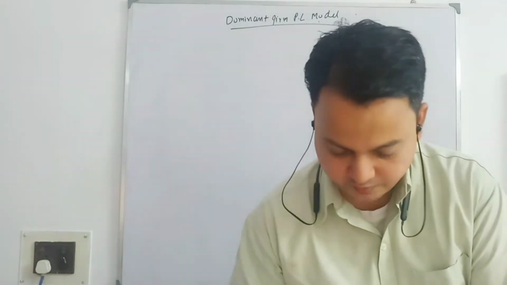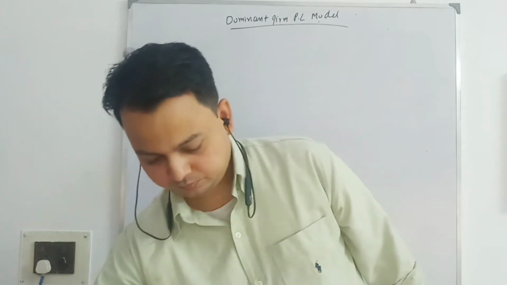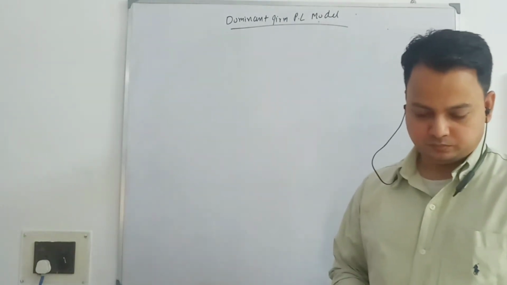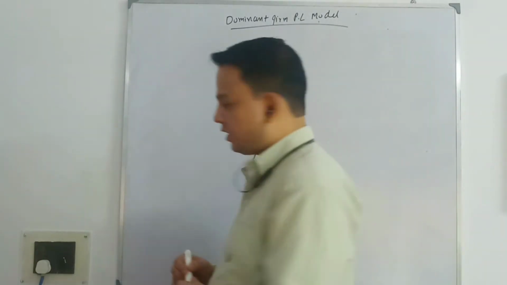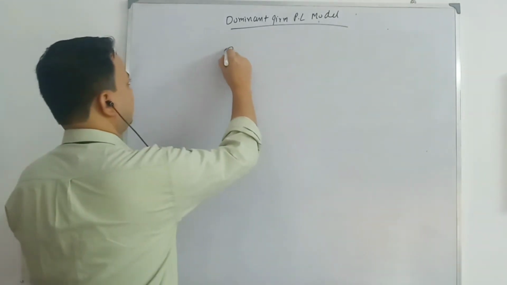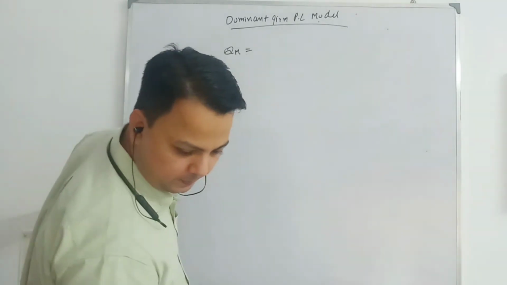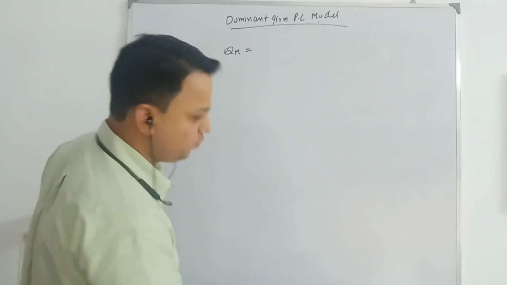Suppose in an industry there are 5 firms, out of which one firm is dominant, and this dominant firm estimated the market demand to be QM equal to 100 minus 2P.